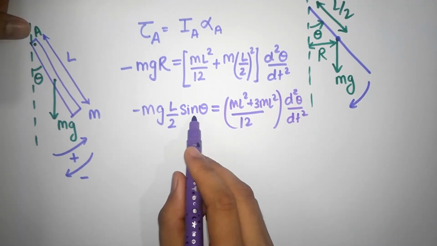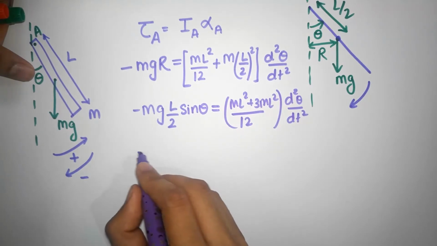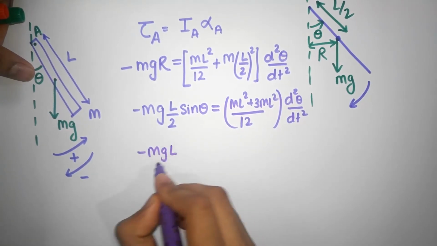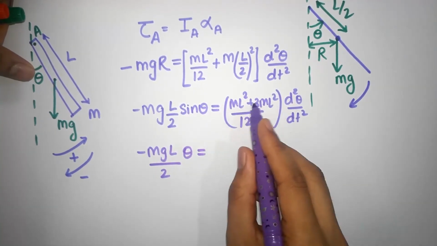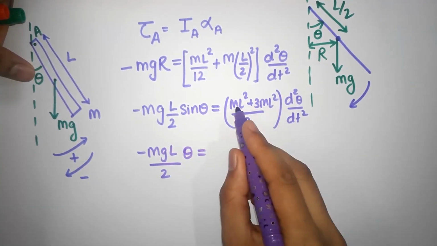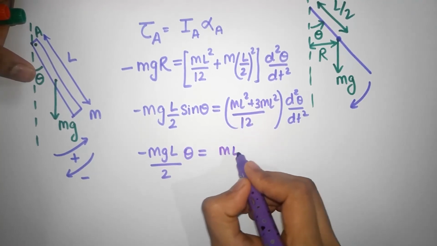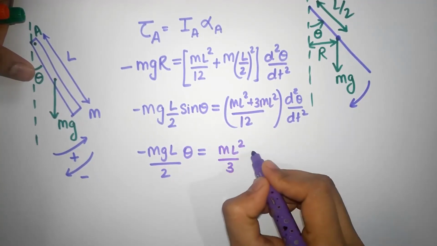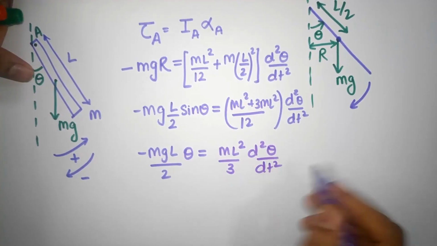Now here's where we can make an approximation. Since theta is very small, sine theta is almost equal to theta. So minus mgL divided by 2 times theta should be equal to 4ml squared by 12, that's ml squared by 3. Can you see that? 4 divided by 12, that's 1 by 3, right? So ml squared divided by 3 times d squared theta divided by dt squared.